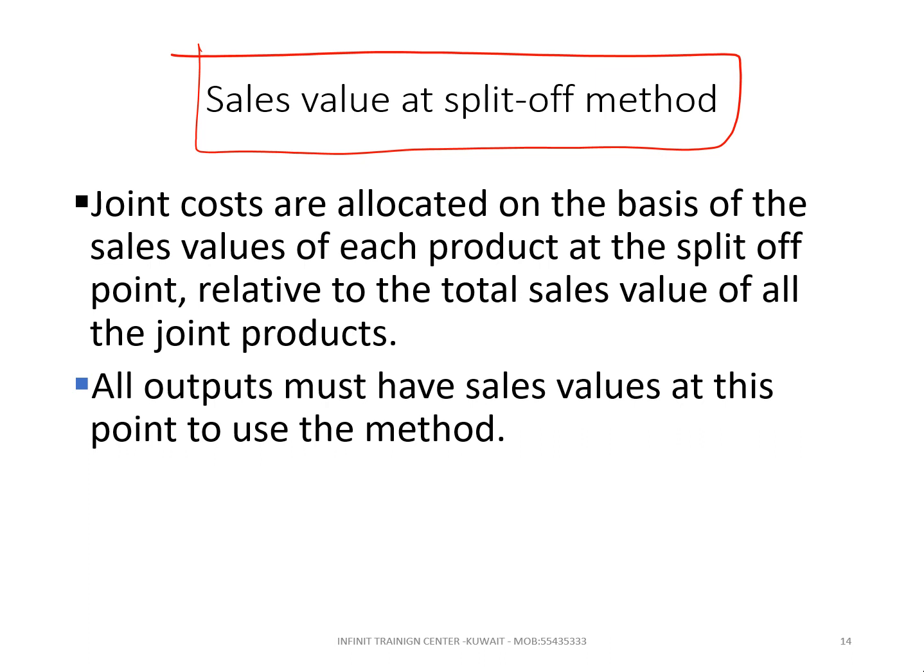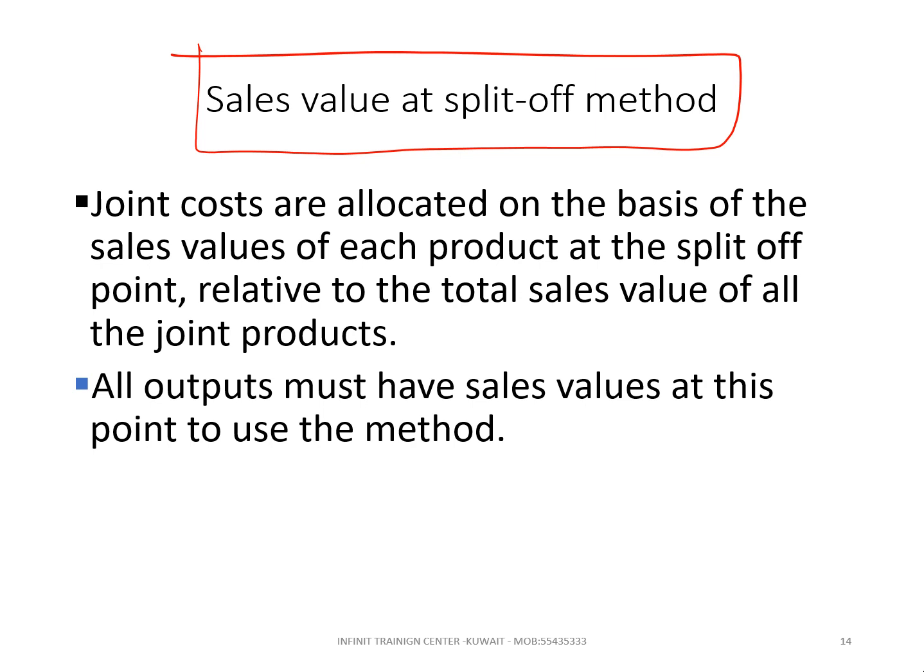So imagine you are going through some process and you can sell the products immediately after the joint processing. So you can sell both products at the split off point itself. And the sales value of these products at the split off point is what you will use to allocate the cost.